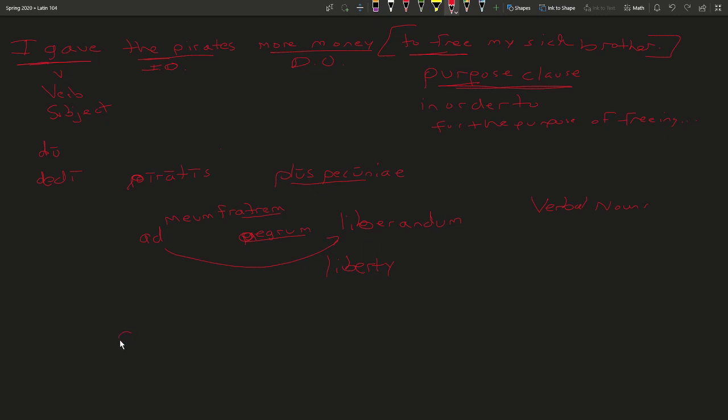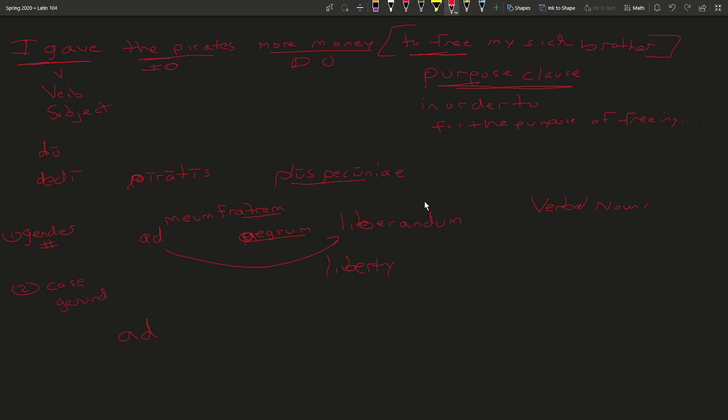So now let's talk about what we might do for understanding this with the gerundive phrase. In order to form this gerundive phrase, we need to take the original gender and number of our noun, but we also need the case of our gerund.